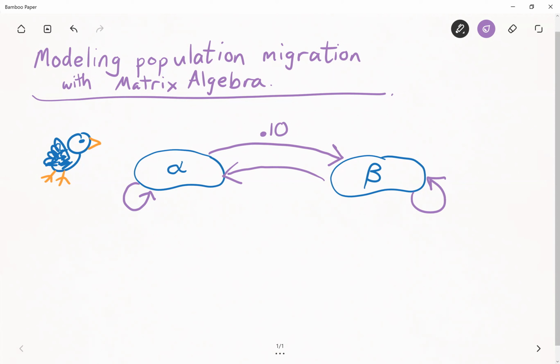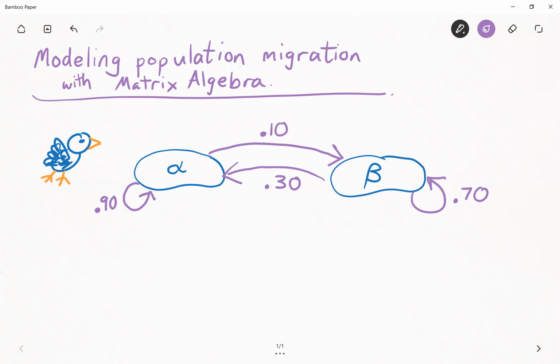I'll indicate that by writing a 0.10 near that arrow. And maybe 30% of the population migrates from beta to alpha each year. We can also conclude, since 10% of the population leaves alpha, that 90% of the population stays in alpha. And similarly, in region beta, since 30% of the population leaves, that means that 70% of the population stays.